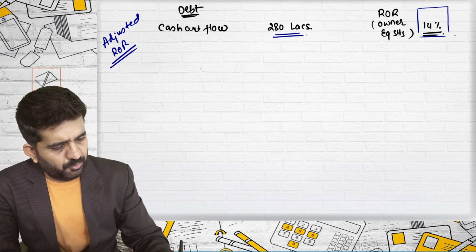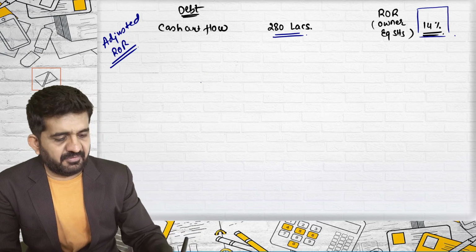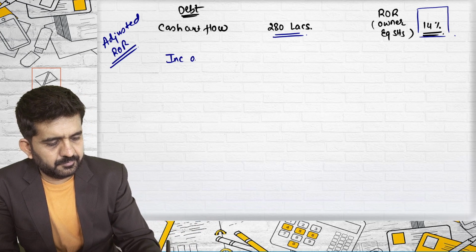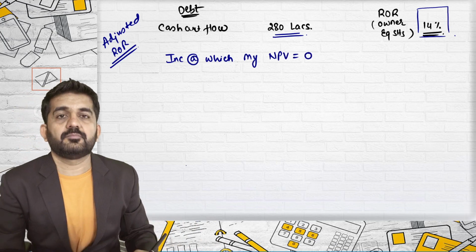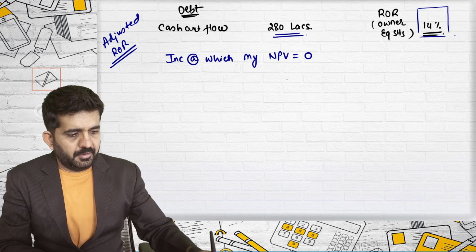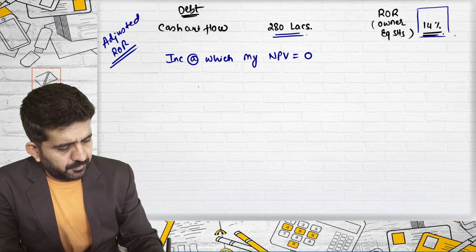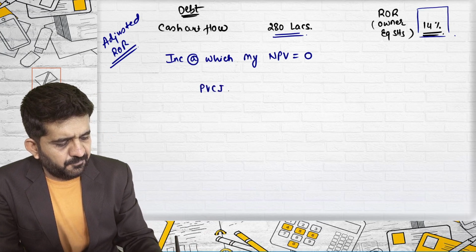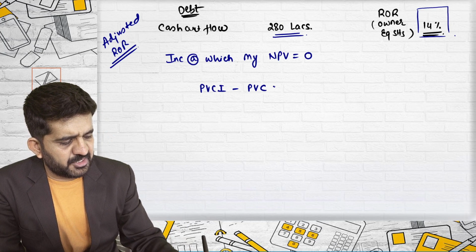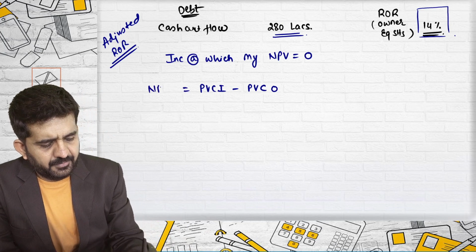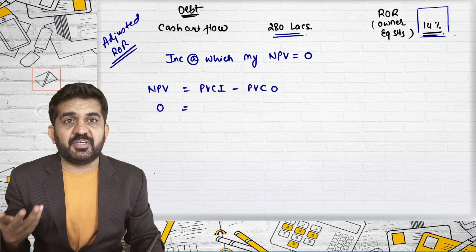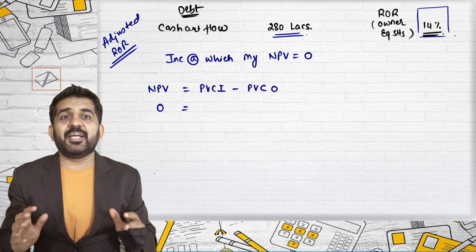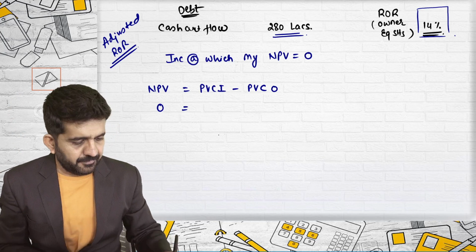Try to concentrate. Basically, I want to find out the income at which my NPV will be 0. Present value of cash inflow minus present value of cash outflow is NPV, and I want to make NPV 0. We already know the concept, right? NPV equal to 0 is the rate the project is actually earning.